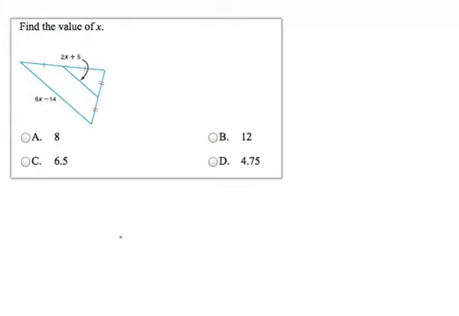All right, what is the value of x? Okay, so here's a situation where we actually have a median of the triangle. We've done this with trapezoids before. So 2x plus 5, we want to set equal to 6x minus 14. But if you guys recall, this is not the correct statement. What I need to do is go ahead and double this segment. So I'm going to double it and multiply by 2.